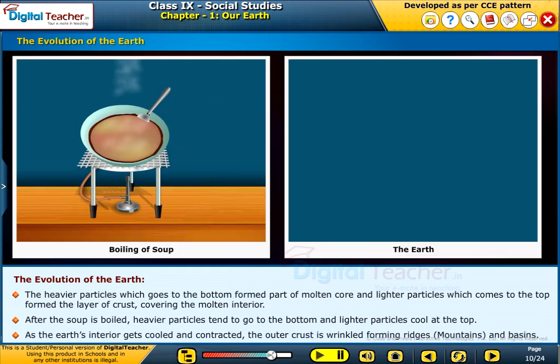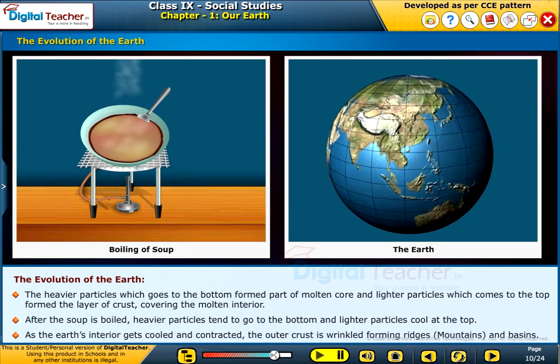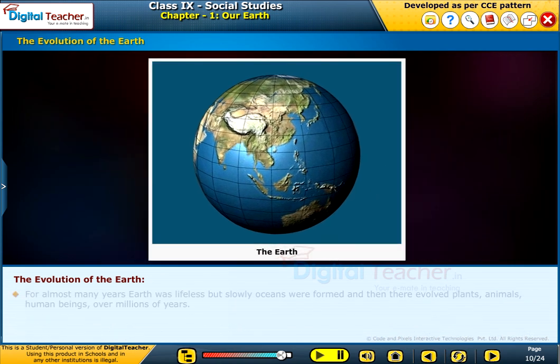As the Earth's interior gets cooled and contracted, the outer crust is wrinkled, forming ridges or mountains and basins. For many years, Earth was lifeless, but slowly oceans were formed and then there evolved plants, animals, and human beings over millions of years.